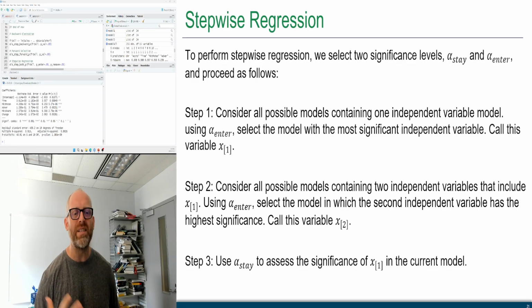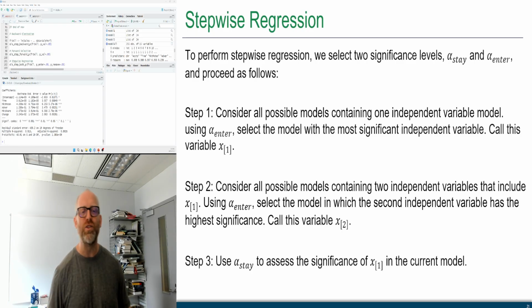We have the model with no predictor variables. Now I want to add a single predictor variable. So I'm going to pick the one that has the lowest p-value based upon alpha enter. Then I'm going to put that variable inside, and we're going to call that x sub 1. Okay, so that's step one done.